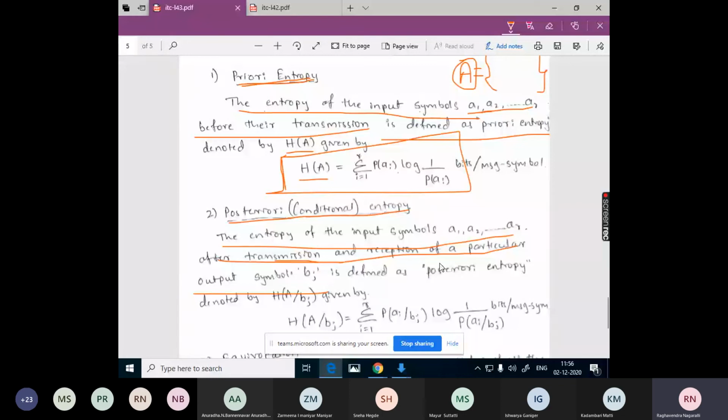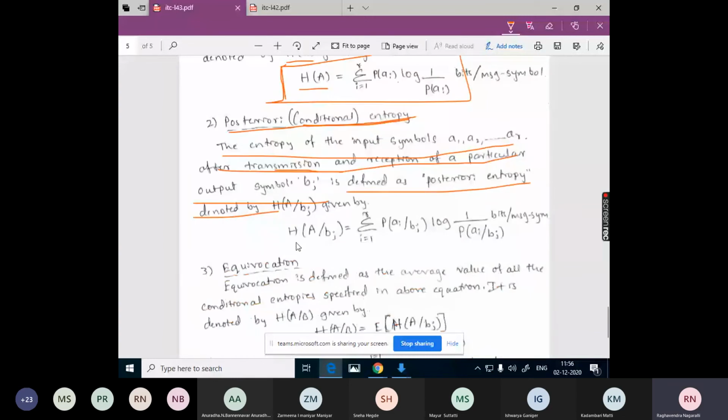So there we come across conditional entropy. This is called posterior entropy or conditional entropy, denoted by H of A by Bj, which is equal to summation I is equal to 1 to R P of AI by Bj log 1 by P of AI by Bj, bits per message symbol.